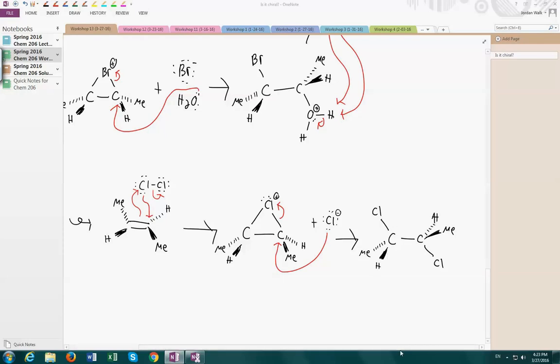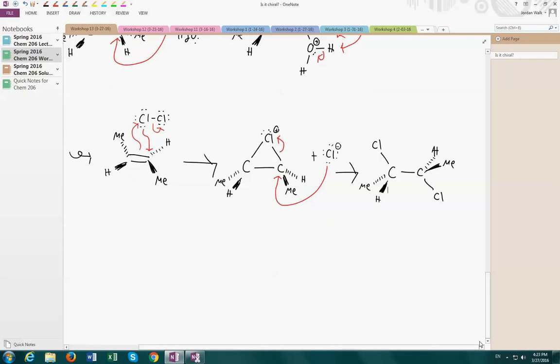Does the chlorine have to add to the bottom if the other one's at the top? Yes, if we have this intermediate, then we must come from the bottom, because it's got to be anti. It's got to approach and displace it from an anti alignment. And then let's see what happens if we add to the other carbon, just for fun.